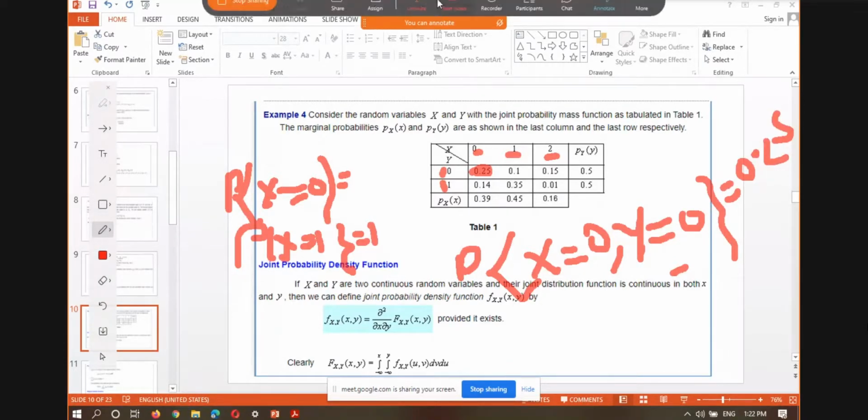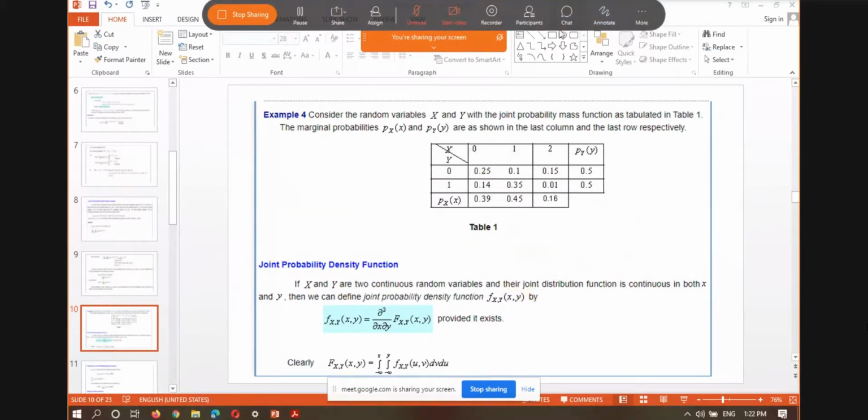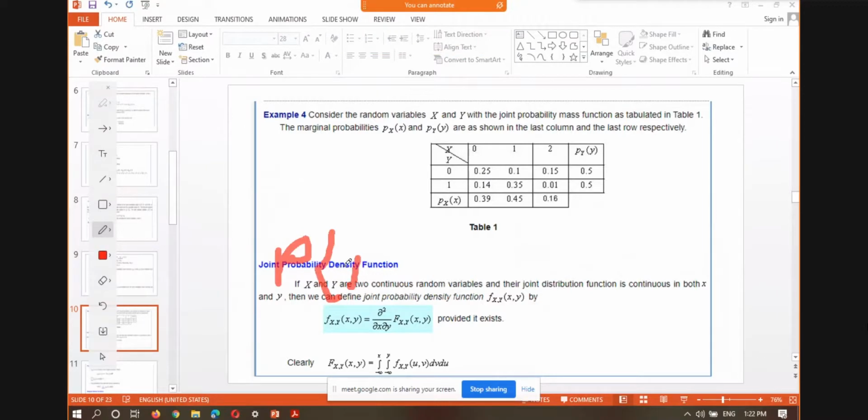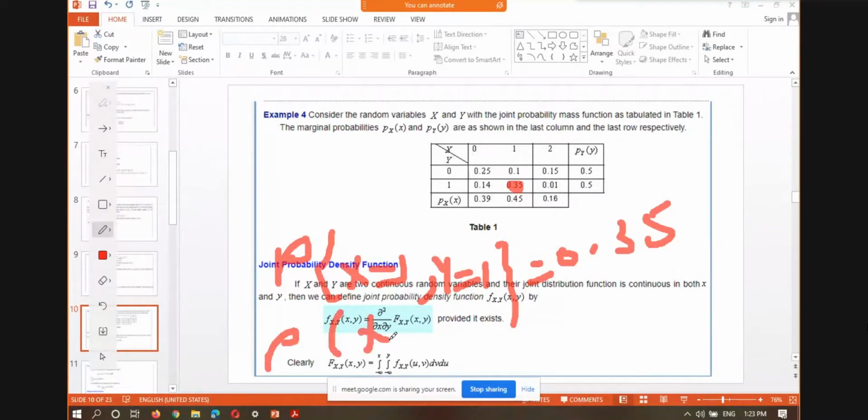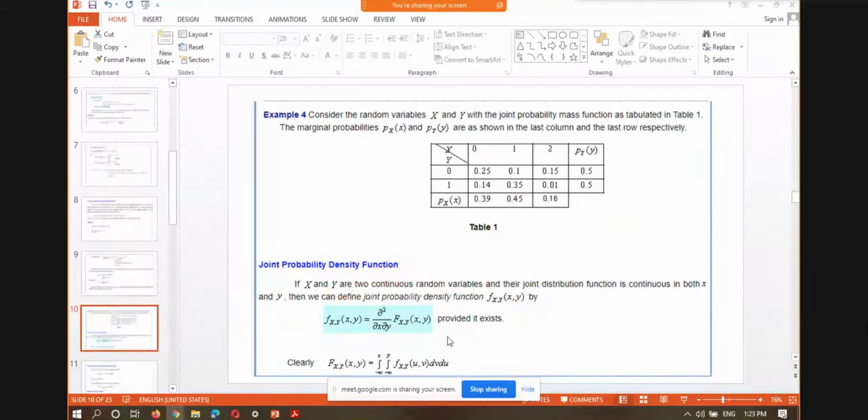Similarly, for the probability of X taking the value 1 and Y also taking 1, from this table we can say that this is the intersection point for x and y, so this probability is 0.35. Similarly, the probability of X equals 2.